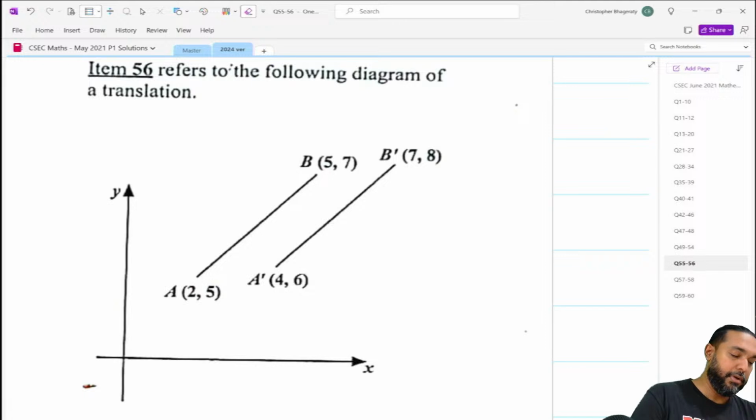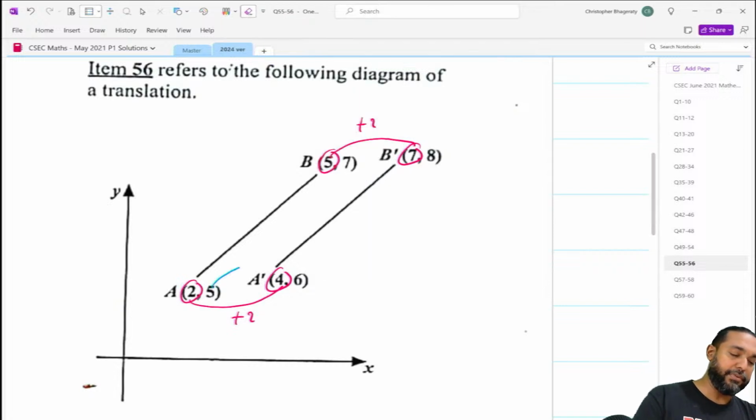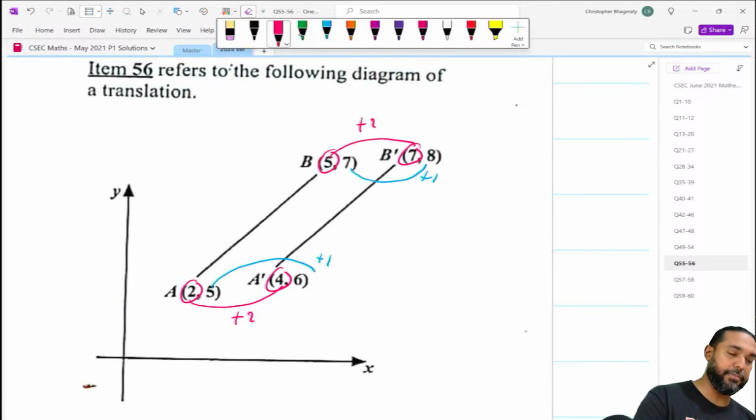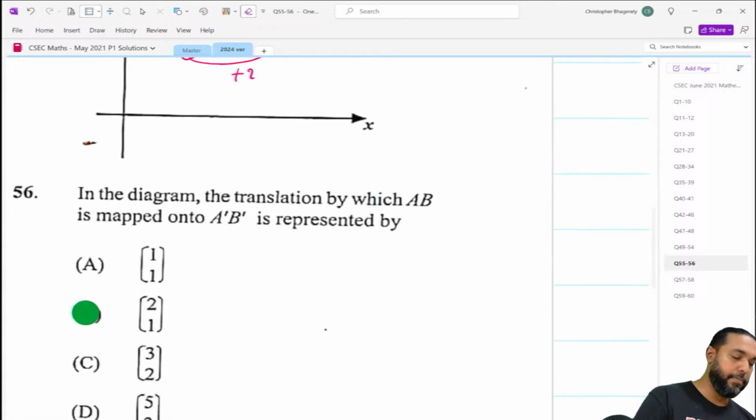If you compare the horizontal to horizontal, you have to add 2, and you could corroborate that by watching the other end. For the vertical, we shifted 5 to 6, which is a plus 1, 7 to 8, which is a plus 1. So your horizontal shift is 2, your vertical shift is 1, so your vector would be (2, 1). It just shifts horizontally and vertically. I hope that helped.